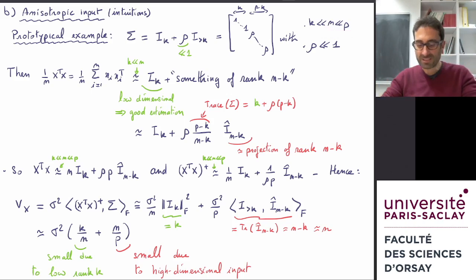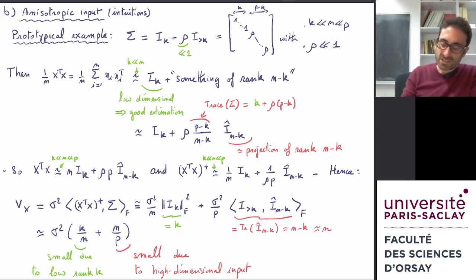And what we have discussed is that in this case, essentially, if you look at X transpose X, it will be essentially equal to n times the identity for the low dimensional part.